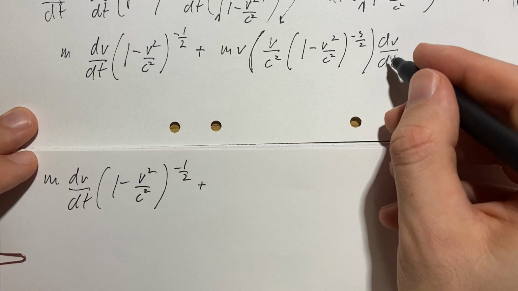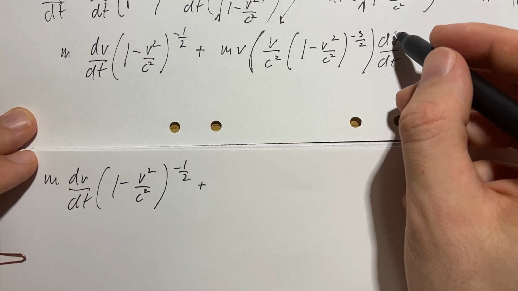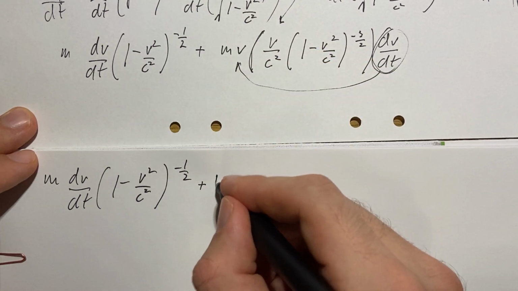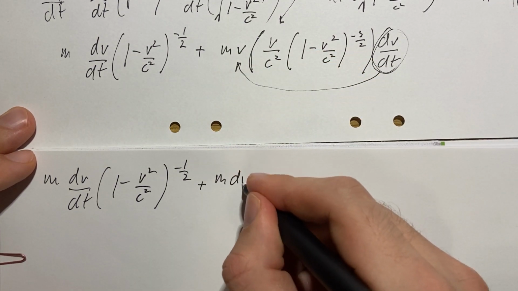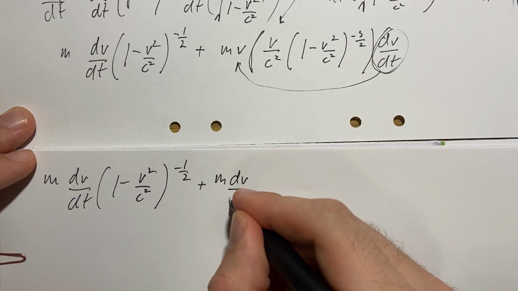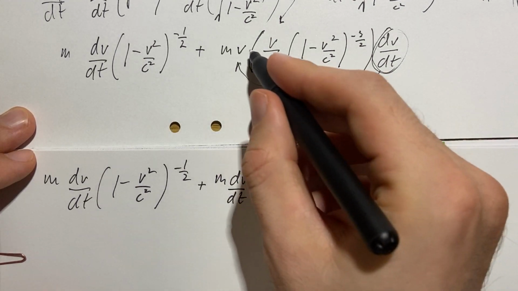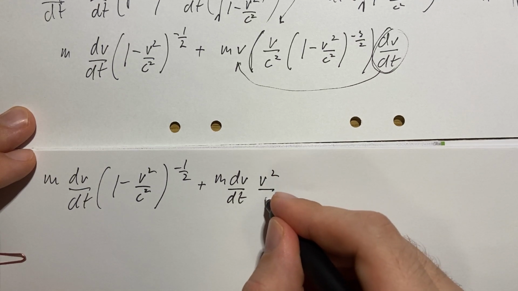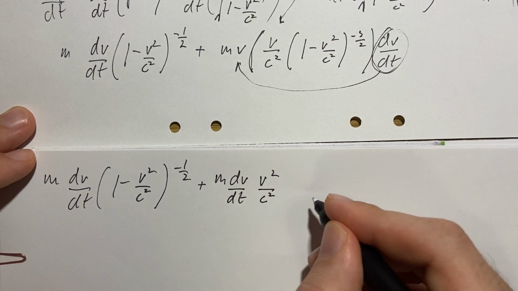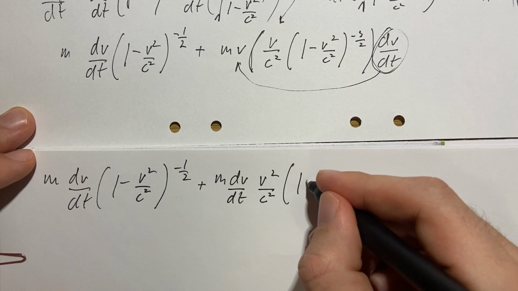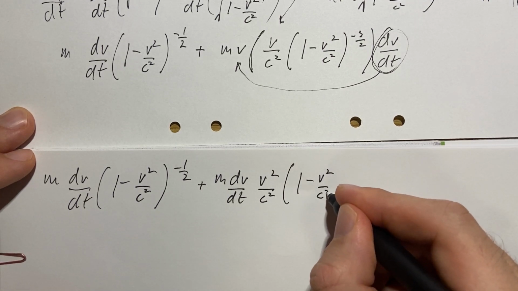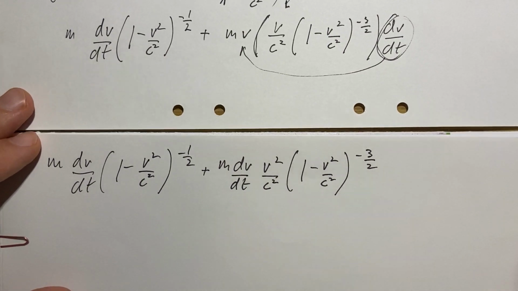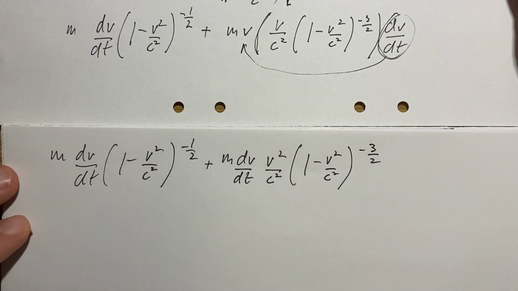So we will, and then, to make it a bit tidier, move this term over here. m dv by dt v squared over c squared times (1 minus v squared over c squared) to the power of minus 3/2. All right, that's just great.